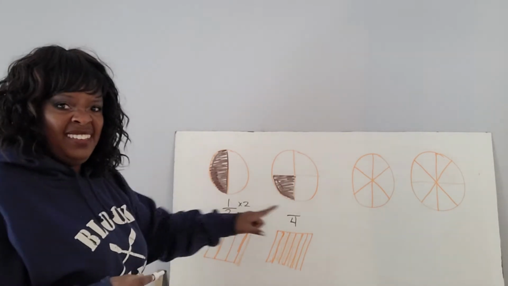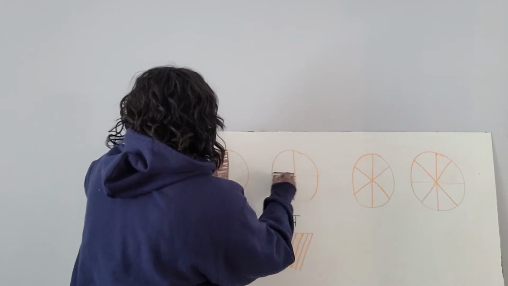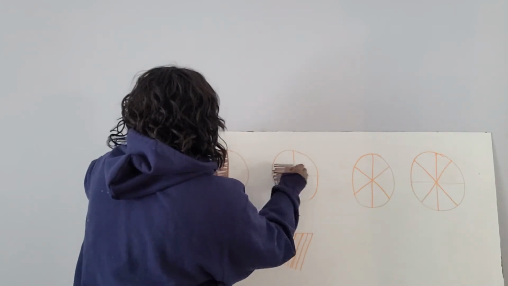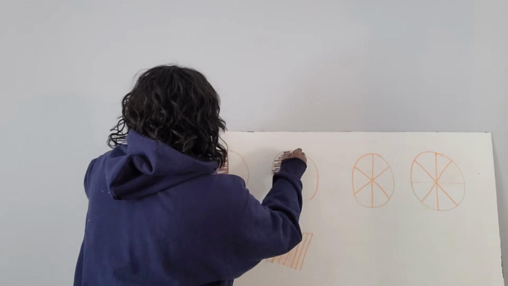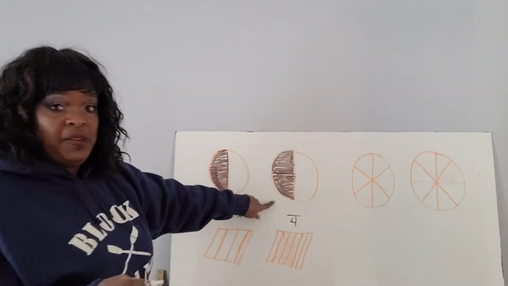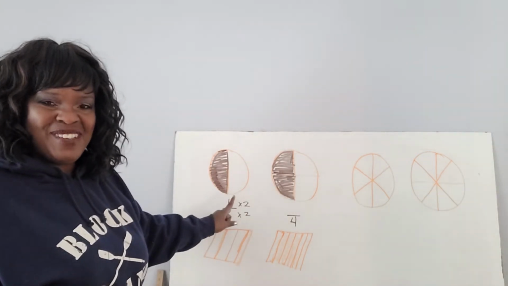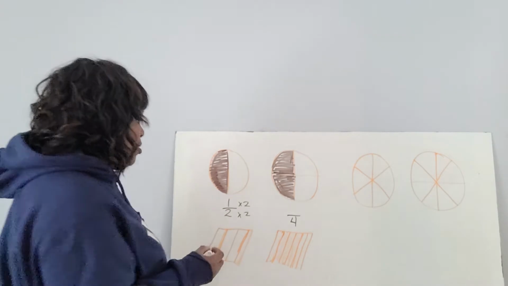No, that's not. Well, if you look at them, they don't look alike. But what if I do this piece as well? Let's see that piece with it. So if I do both of these pieces, does it now look like this piece? Yes, it looks like 1/2.